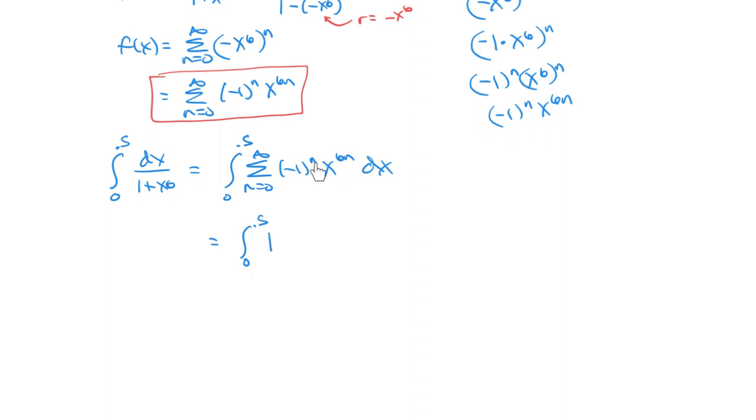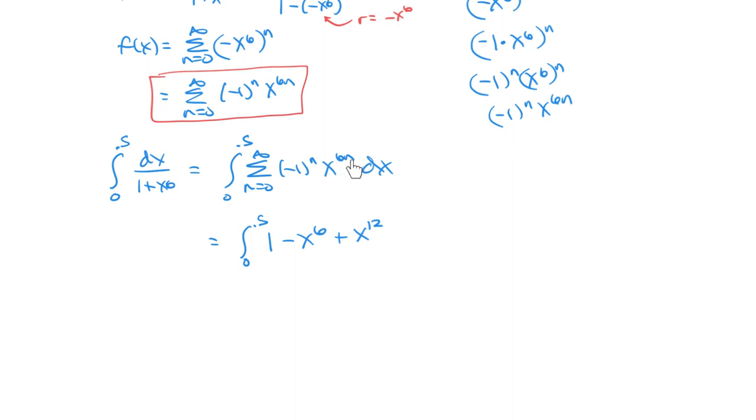Then when n is 1, I get negative 1 to the 1, so it's going to be minus x to the 6. Then I plug in a 2. Negative 1 squared is a positive, and it's a summation, so I'm adding a positive this time, so plus x to the 12th power. You can see the powers are just going to be multiples of 6, because n will be 0, 1, 2, 3.